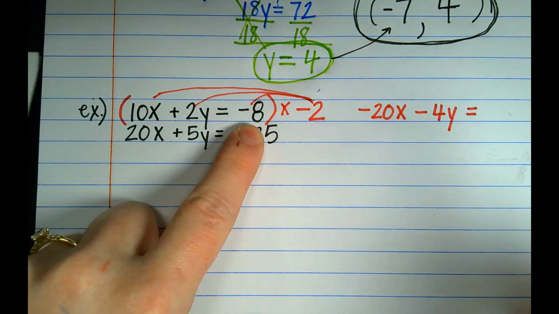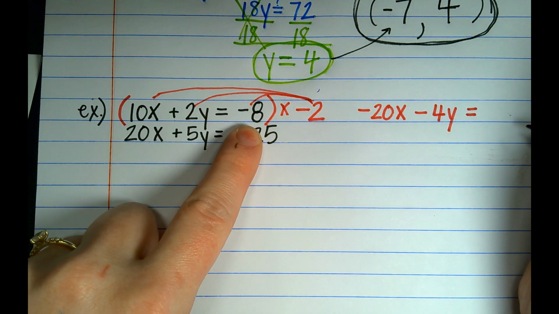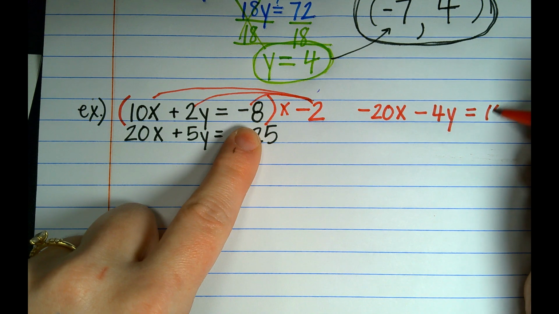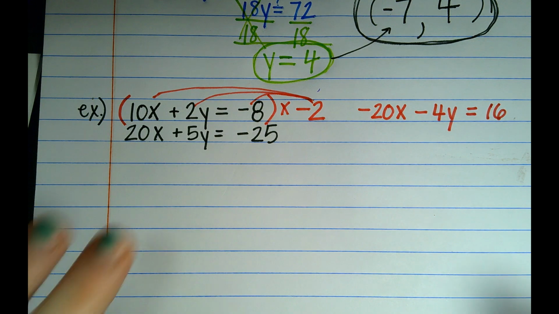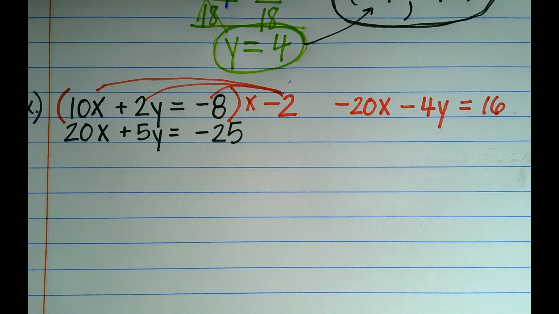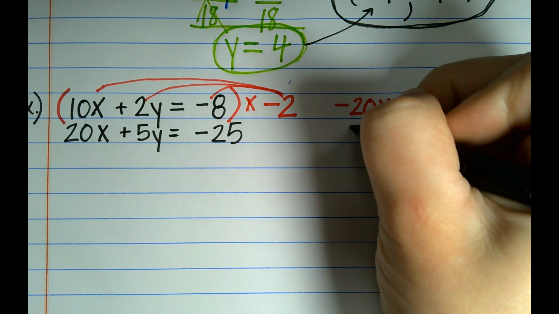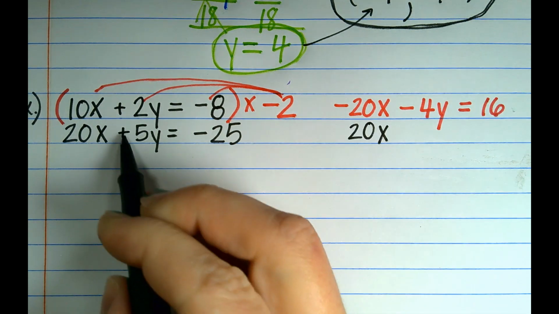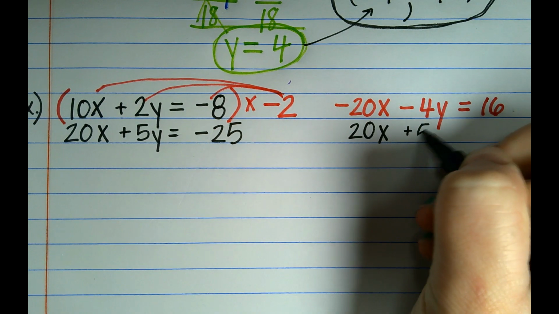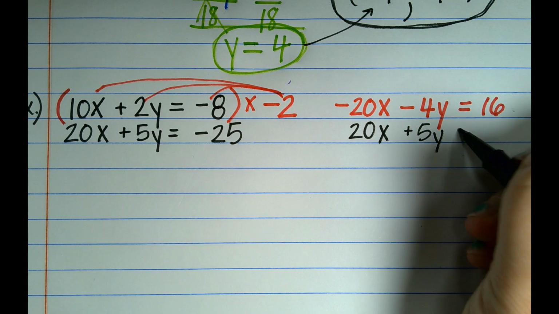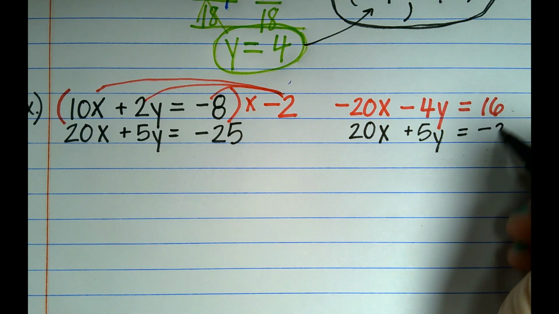And -8 times -2, what is that? Positive 16. Perfect. So I have got my first equation. I just need to rewrite my second one underneath. So 20x plus 5y equals -25.